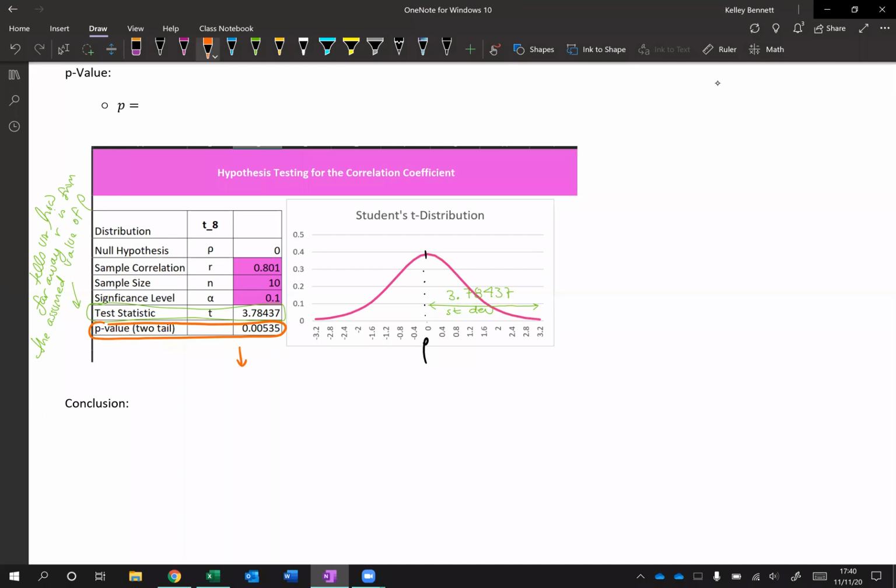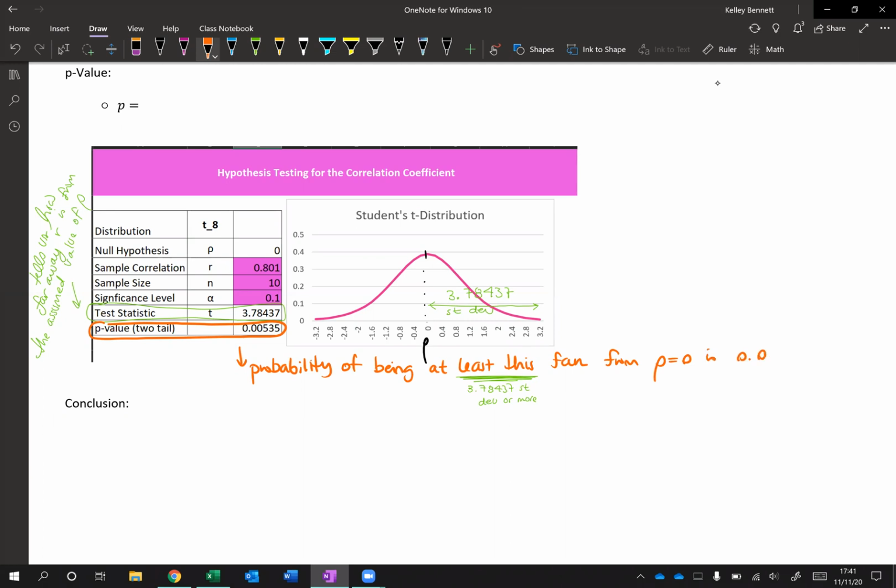So this is telling me that the probability of being at least this far away, and by this far, I'm talking about 3.78437 standard deviations or more, from the center where rho equals 0, the probability of that is very small.